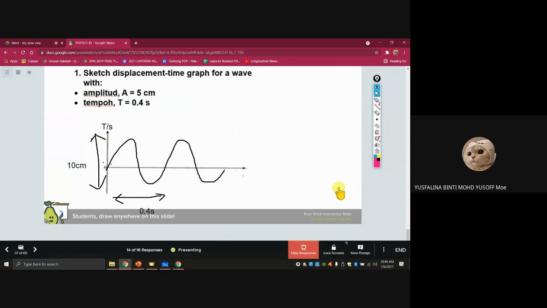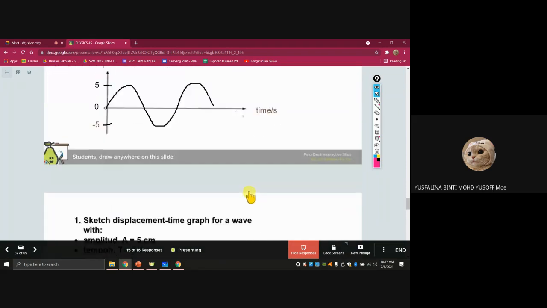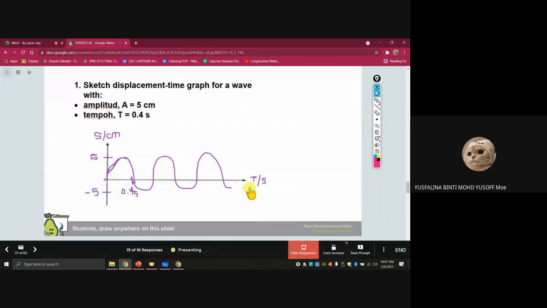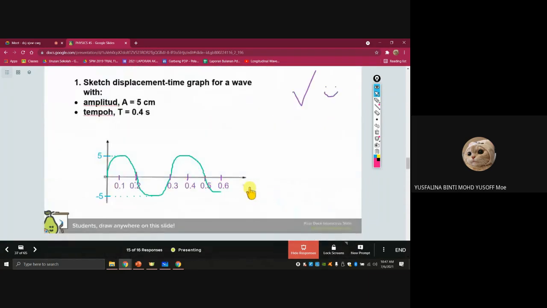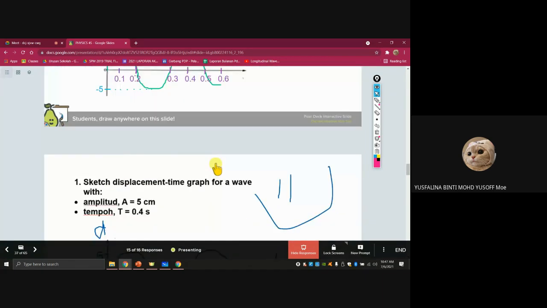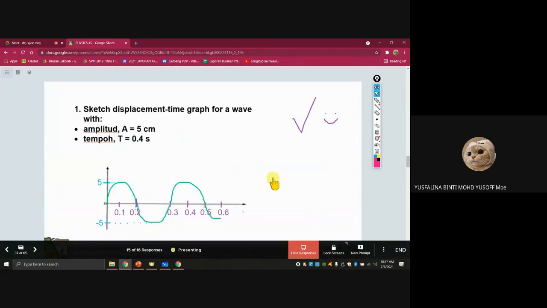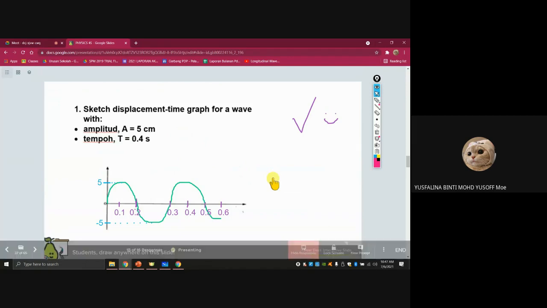For the x-axis, you have to put the scale. I cannot just say from here to here is 0.4. So you have to put the scale for each point. No scale, please show us. Please put a scale on the x-axis.